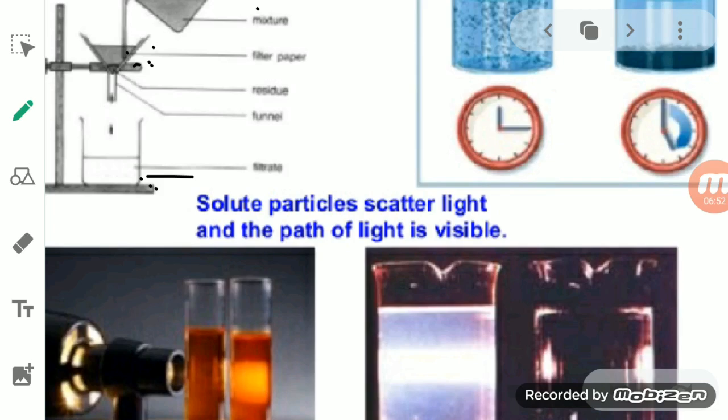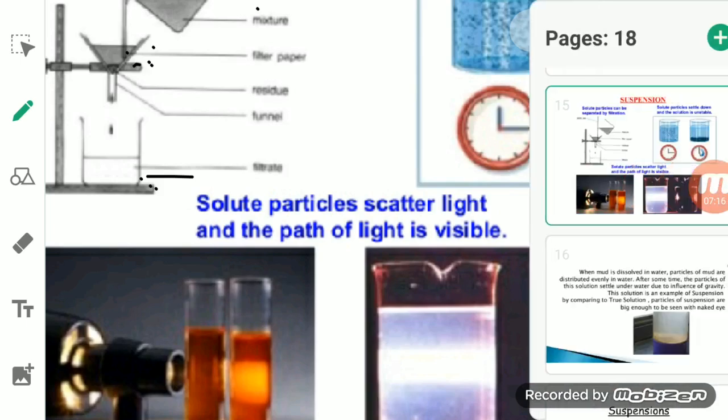This is the fourth property of the suspension, in which the particles have the ability to reflect the light coming to them, and hence make the path visible inside the solution.